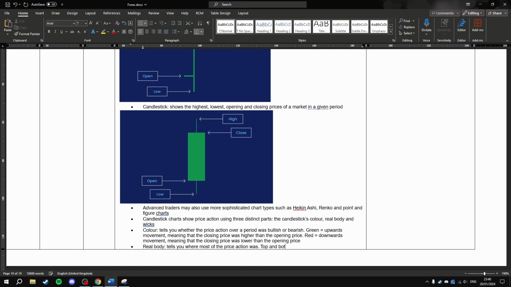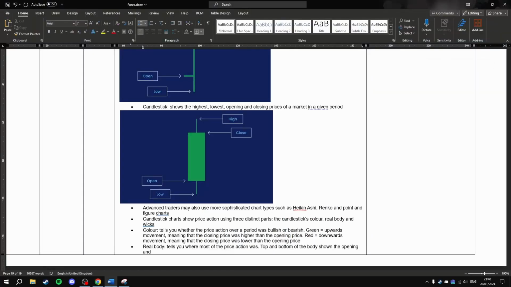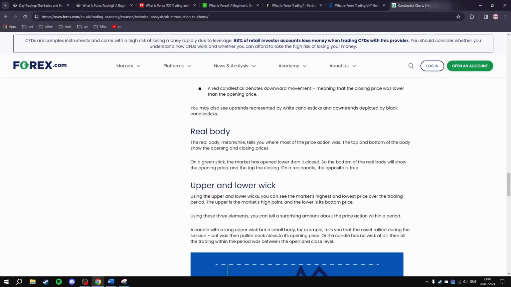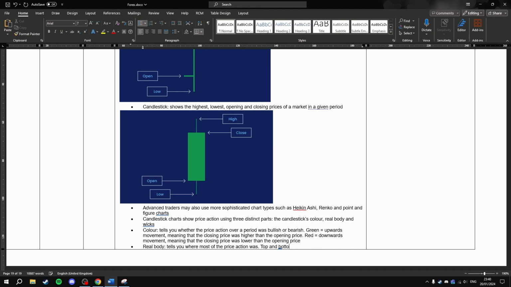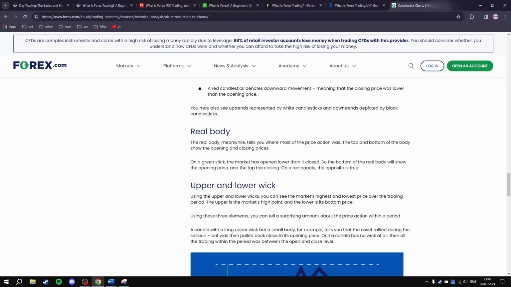Top and bottom of the body show the opening and closing prices. Yeah, I don't need to write that because that's already in the photo.